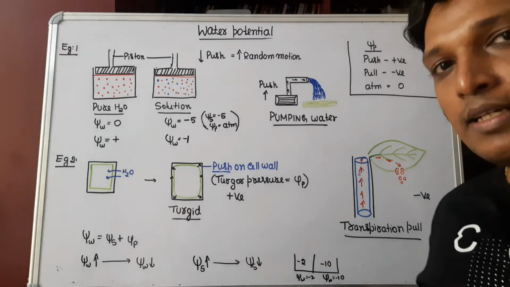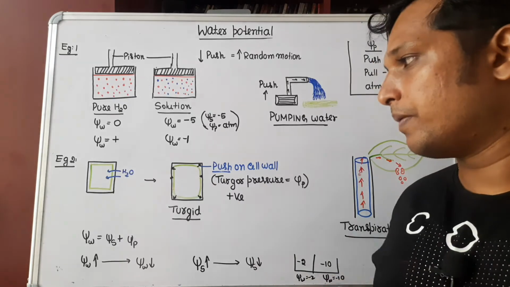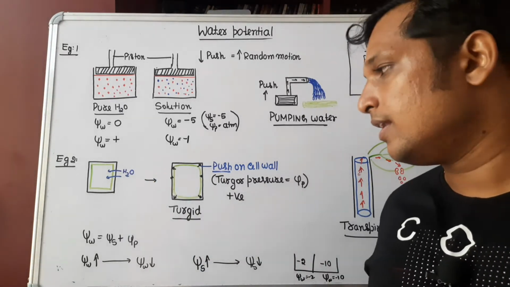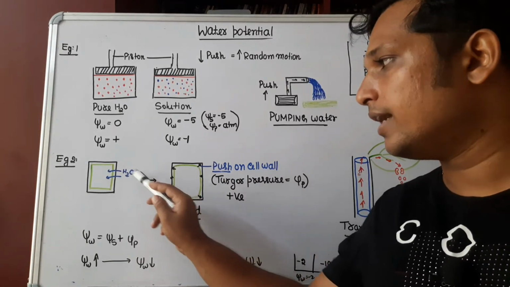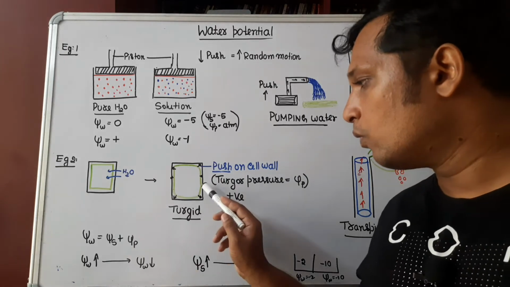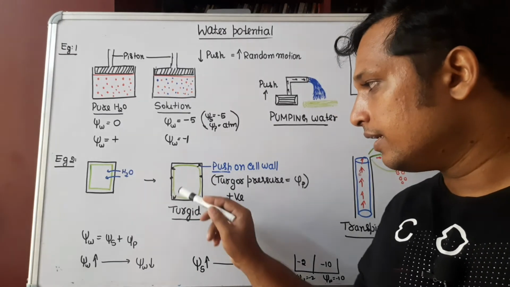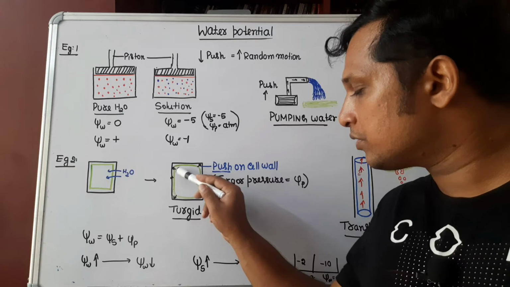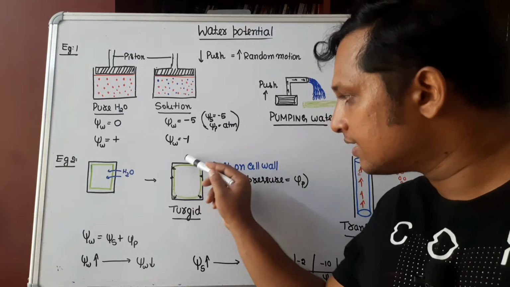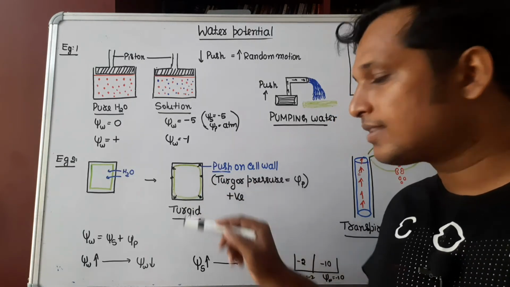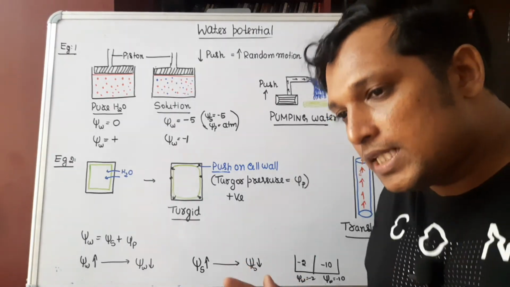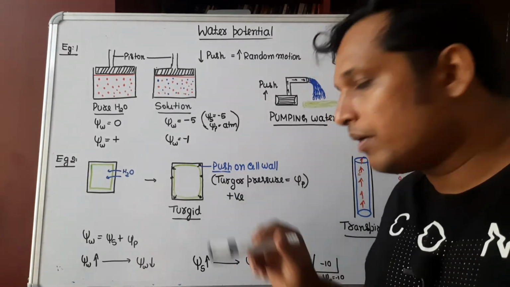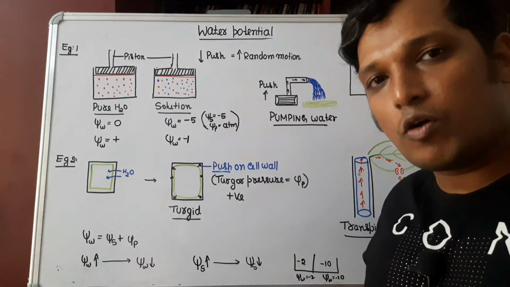Now let us take a biological or plant example. Consider there is a plant cell to which water has diffused inside. When water diffuses inside, water gets mixed with the protoplast, which exerts pressure on the cell wall to bulge, or the cell is now becoming turgid because of the entry of water.